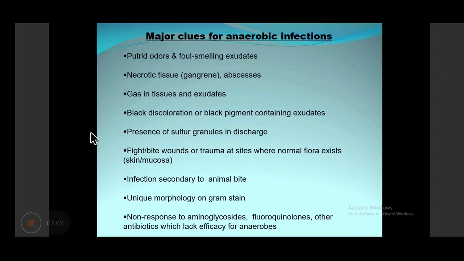There is black discoloration or black pigmentation containing exudate around or on the site, or there is the presence of sulfur granule discharge in Actinomyces infection, or a bite wound, traumatic wound, in case of bite wound or gunshot injury or any accidental trauma. So there can be a breach in normal flora. So it is easy to cause anaerobic infection, secondary to animal bites or antibiotics.